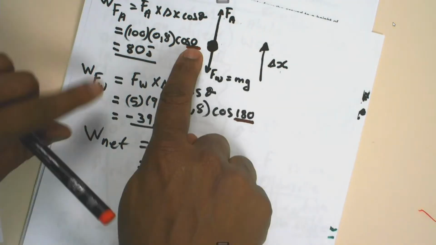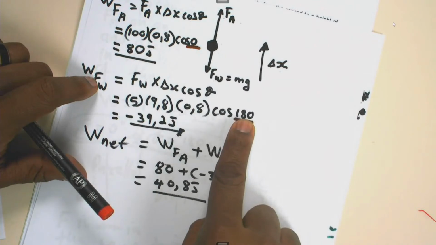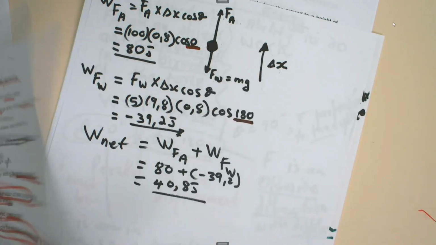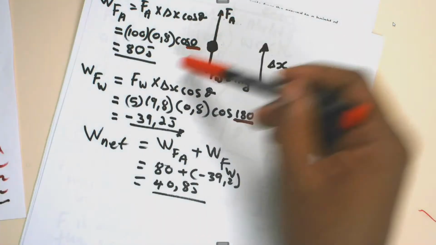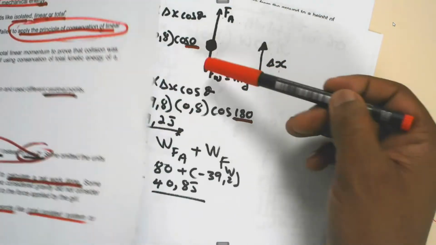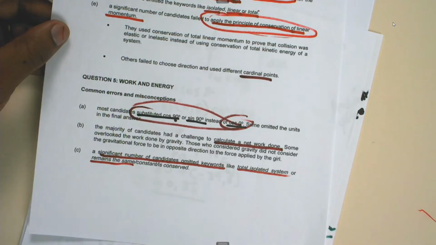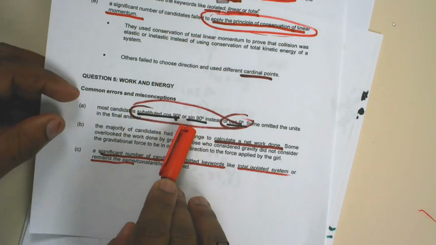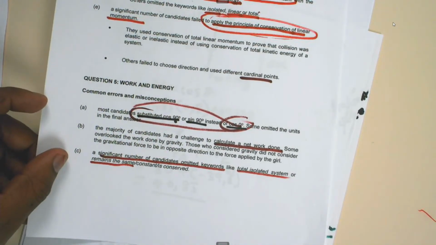Then you will be able to know when to use cos of 0 and cos of 180, because the mistake that we make is saying that, because now these forces are acting perpendicular to the ground, not the displacement, to the ground, automatically we'll think that we must use cos of 90 or even sine of 90. So that is not correct. It's another misconception, another common error that we make, and we lose marks.